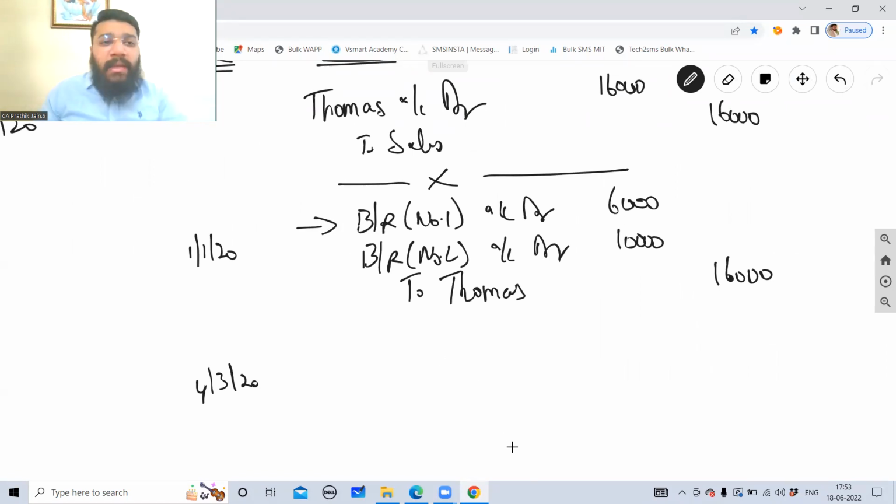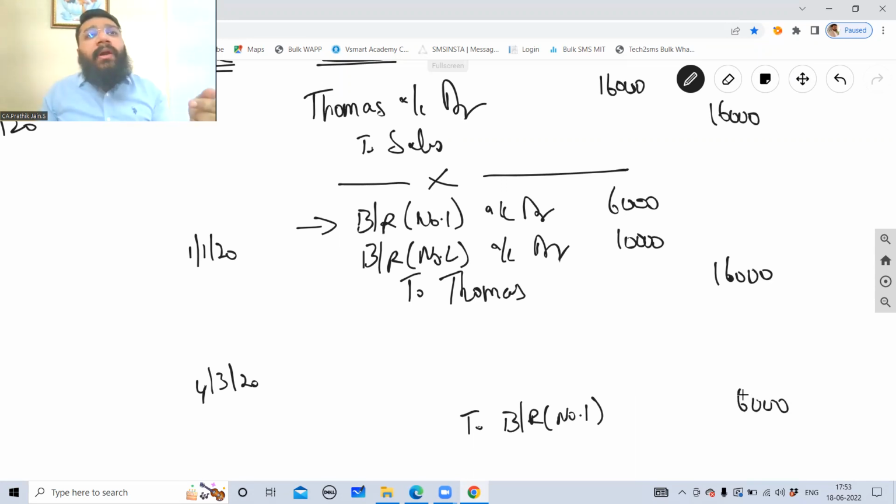This bill gets null and void. To cancel this bill, I need to give a credit. So to bills receivable number 1, I need to give a credit of 6,000. So I'm closing a secured asset and reopening an unsecured asset, which is Thomas account. So Thomas account debit. Guys, in all the entries, if you follow a uniform format, you will not get confused.